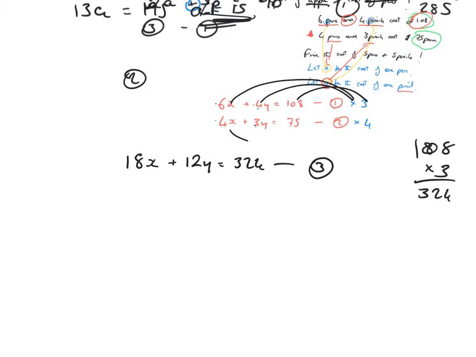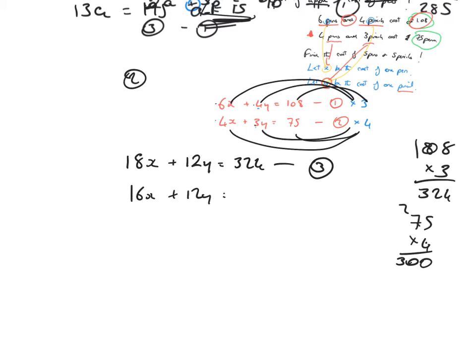Okay, next one, 4x times 4, 16x, 3y times 4, 12y, 75 times 4, again go to the side, 4 5s are 20, 0 down, carry 2, 7 4s are 28, plus 2 is 30, that's 300, and that's equation 4.